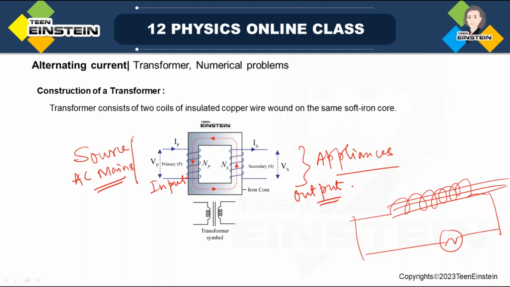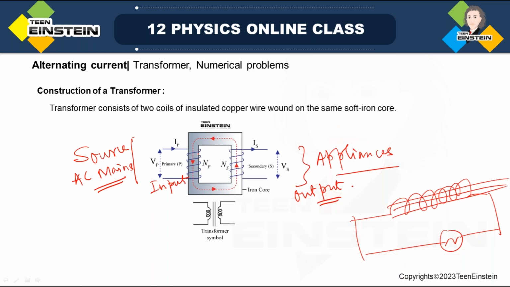And since both the coils are connected to the same core, they are magnetically connected, and the same flux will be linked with the secondary coil. The flux which is linked with the primary coil will be linked with the secondary coil as well.